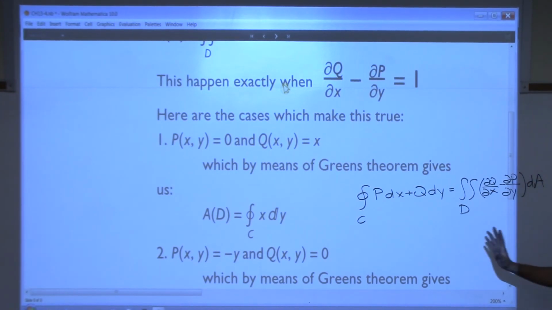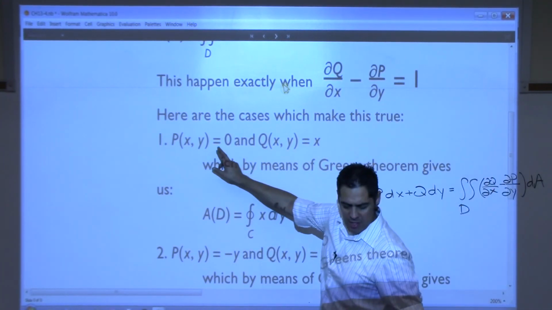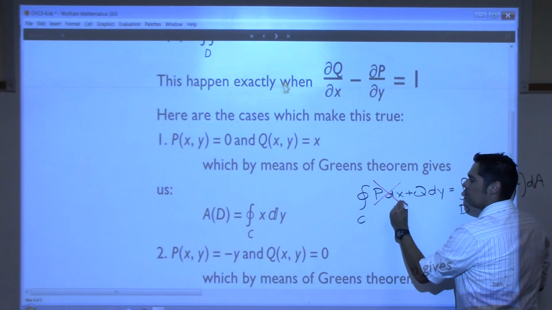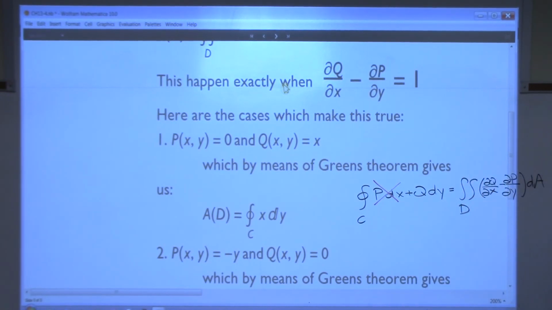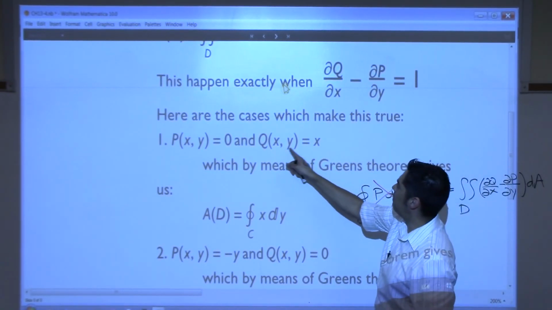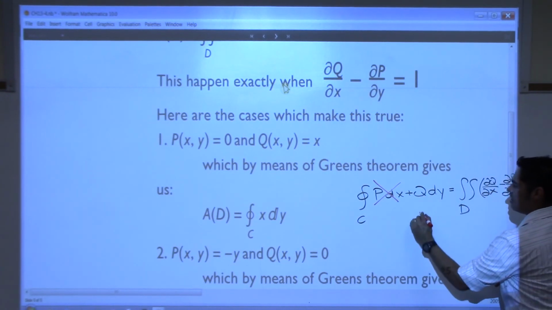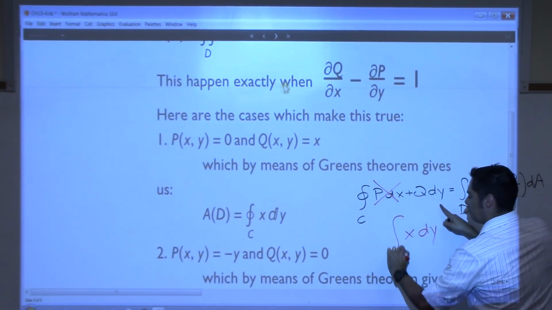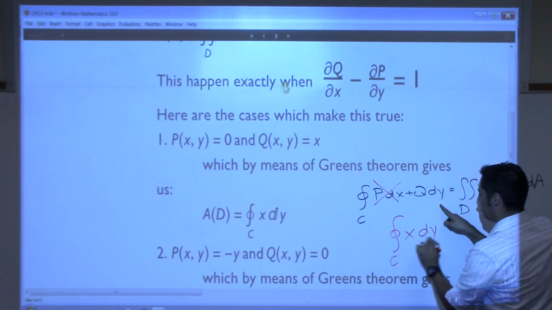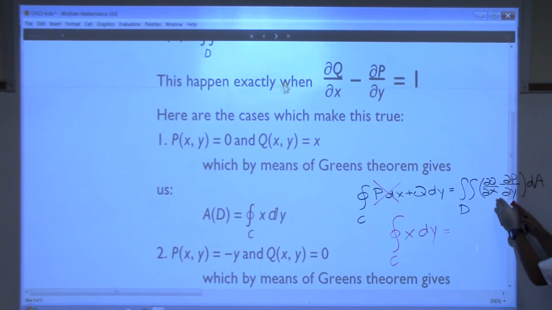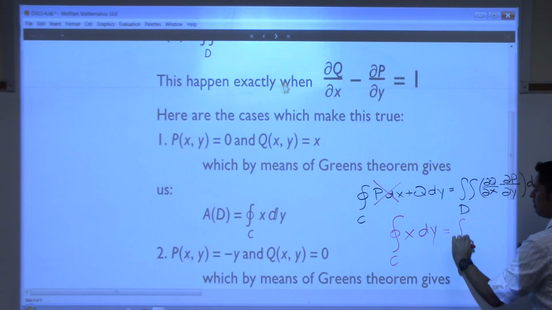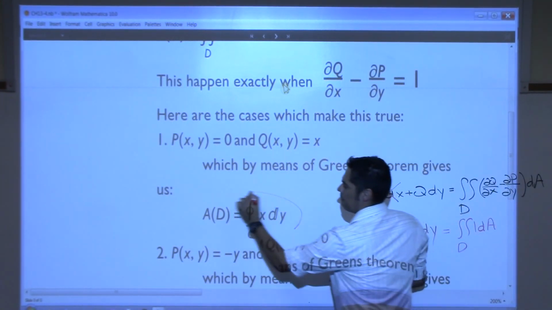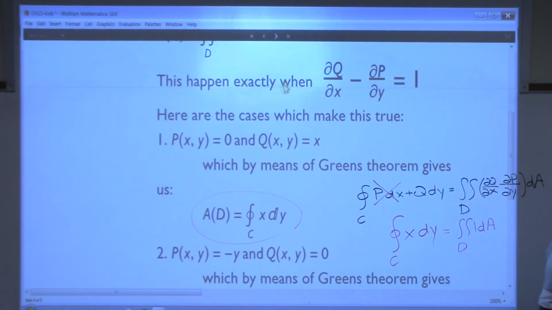If I let P of X be 0, this is gone, right? Yes? If I let Q of X be X, this is an X dy, right? Line integral over C like this. And this will be equal to, we know that will be a 1, right? So this will be, that's what this says right here. You see that?